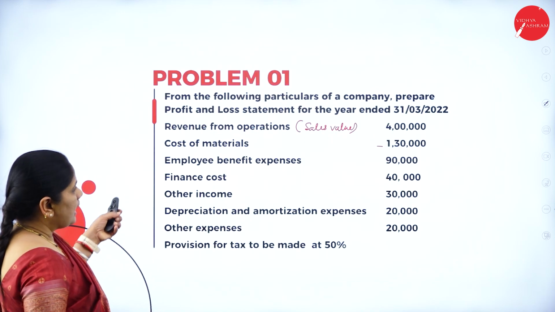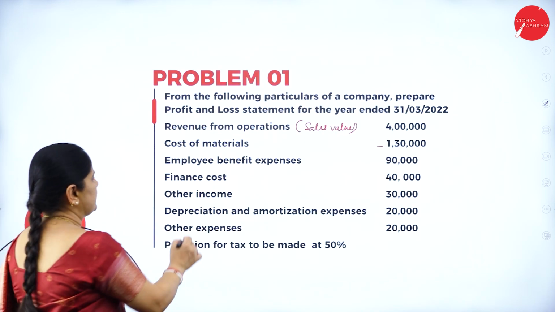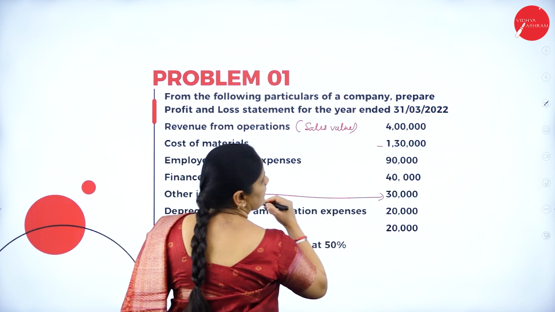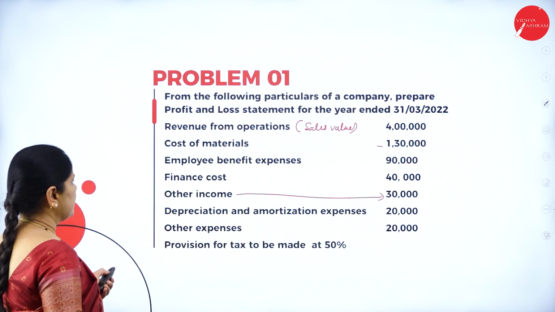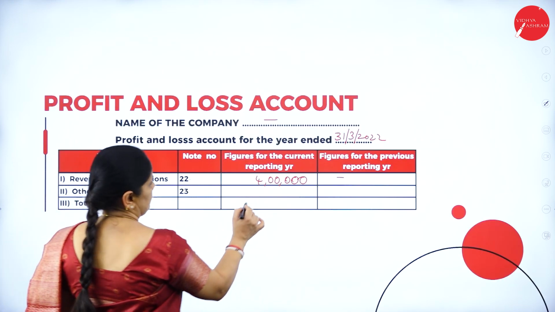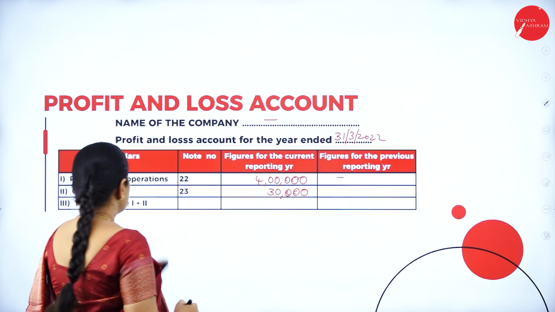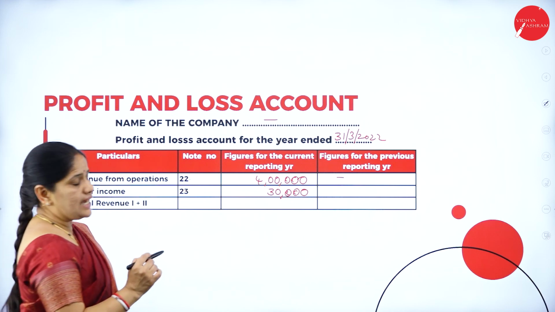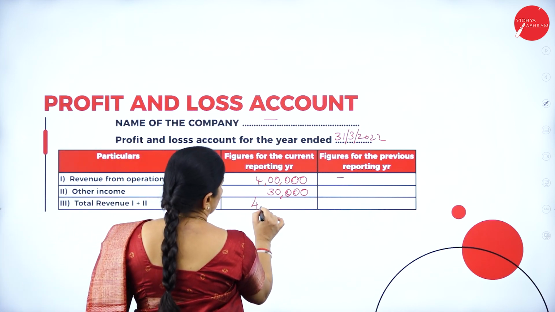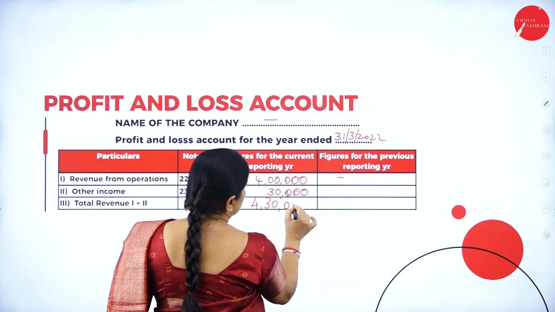Next, other income. What is the other income? 30,000. So, I write it as 30,000. So, total revenue will be 4 lakhs plus 30,000. 4 lakhs 30,000.